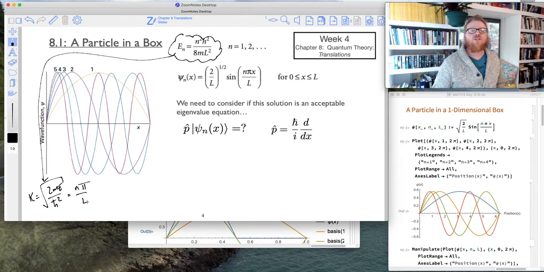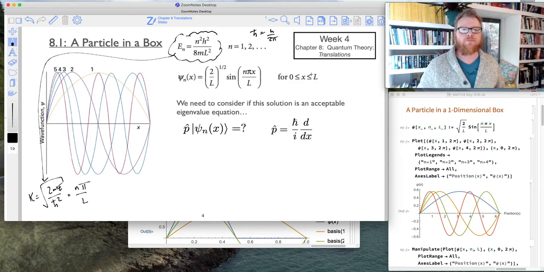All right. So instead of writing here h bar squared, remember h bar equals h over 2 pi. I'm just using h here because that way we can cancel the 2 pi's, right?